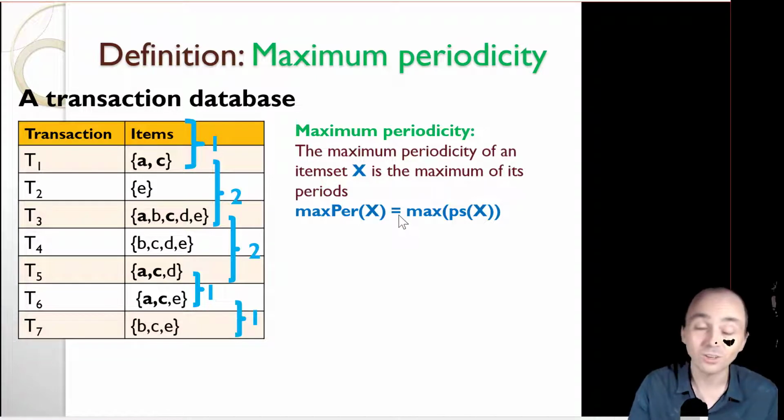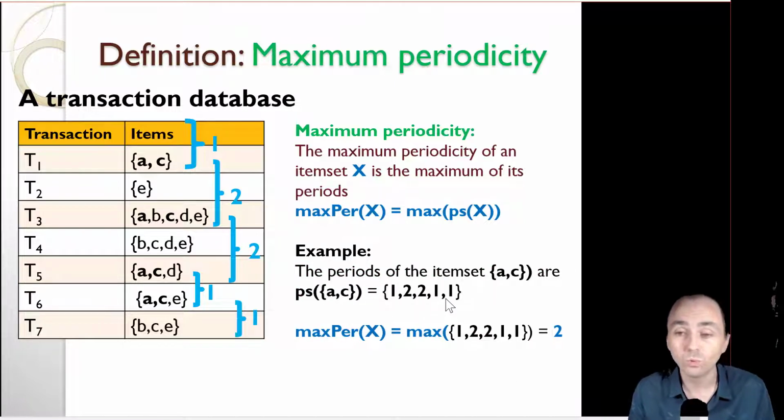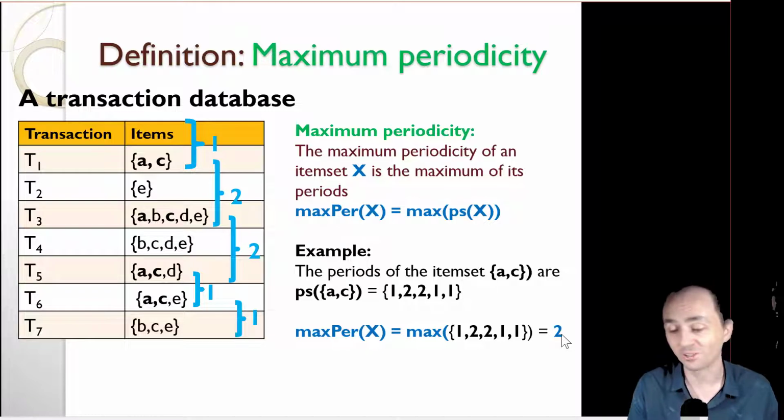So let's look at the example. Okay, so we found before that the periods of AC are 1, 2, 2, 1, 1. What is the maximum of this? Okay, so the maximum period of AC will be the maximum of 1, 2, 2, 1, 1, the largest value, so it will be 2. So that's all, okay, very easy to calculate, right?